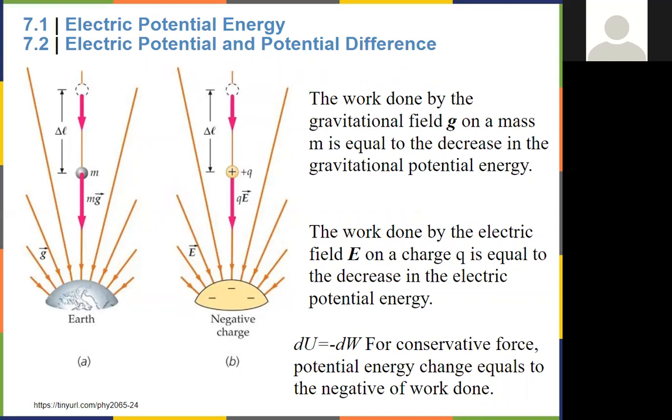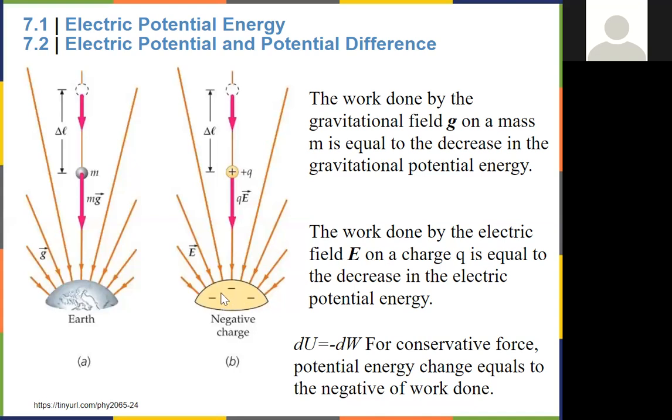In gravitational potential, if the object has a displacement in the vertical direction by delta L, then its potential changes by minus mg delta L. Similarly for the electric field, if there is work done by the electric field, F times delta L, then the electric potential will be reduced by that amount.